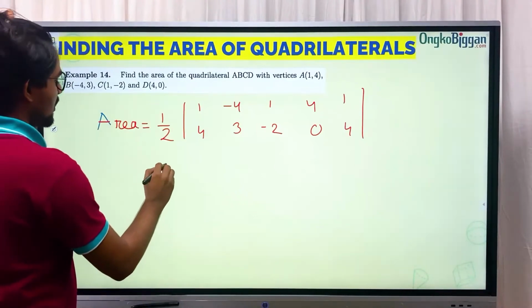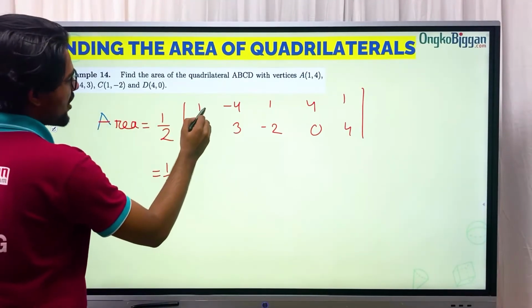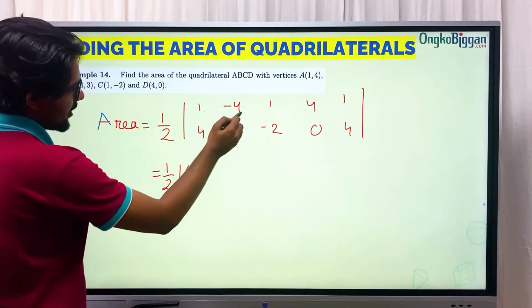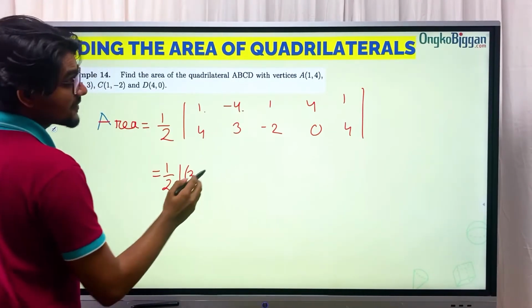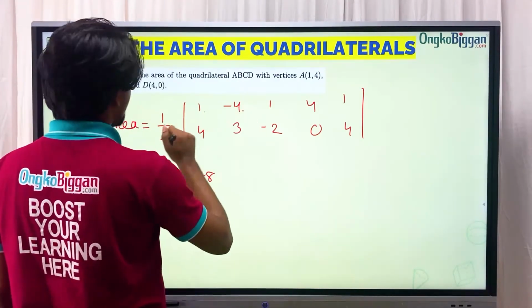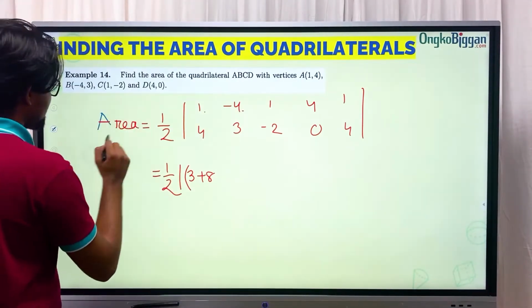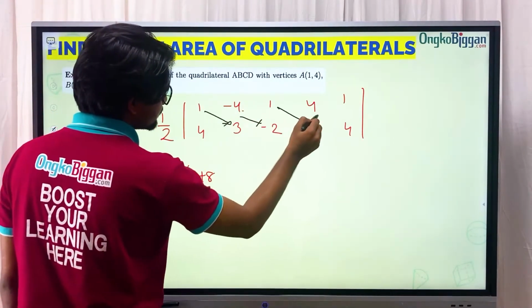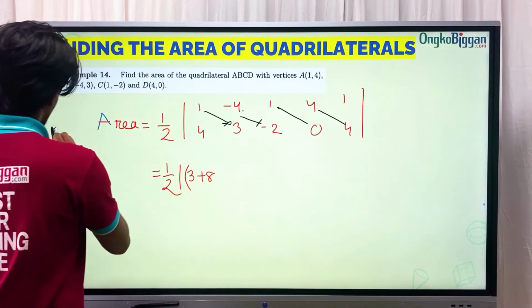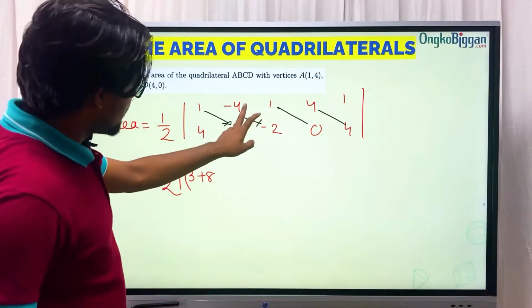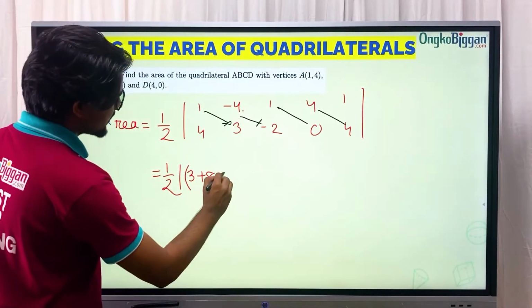So we got half. 1 into 3 is 3. 4 into -2, so -4 into -2 will be plus 8. Now I'm doing in this direction actually. So plus 8. 1 into 0 will be 0, plus 0.